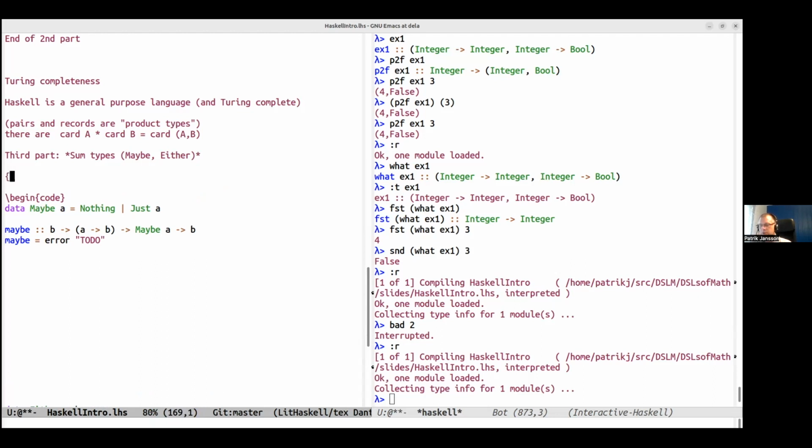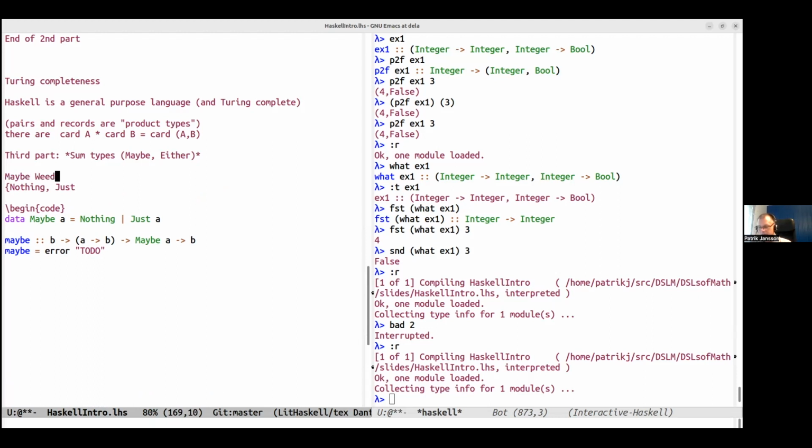So the set of values of Maybe A is the set of the value Nothing, and then Just. Let's say, for example, Maybe Weekday. It's Nothing, Just Monday, Just Tuesday, Just Wednesday, and so on, up to Just Sunday.